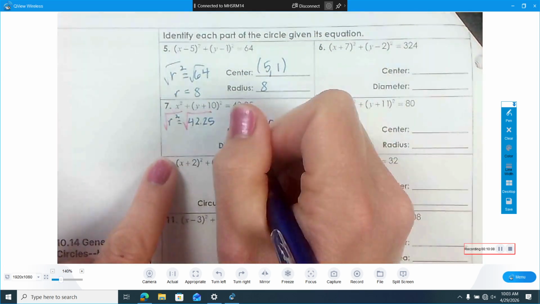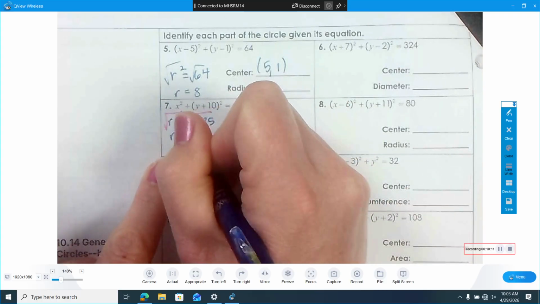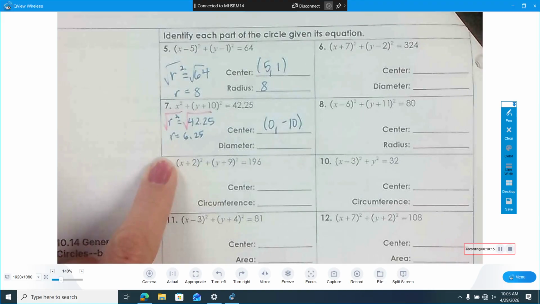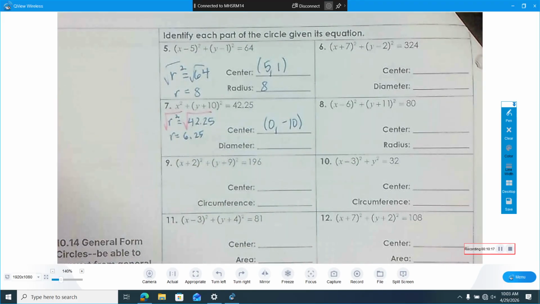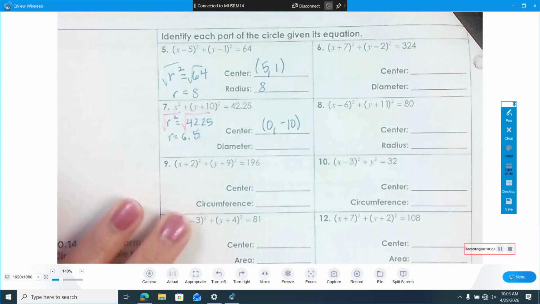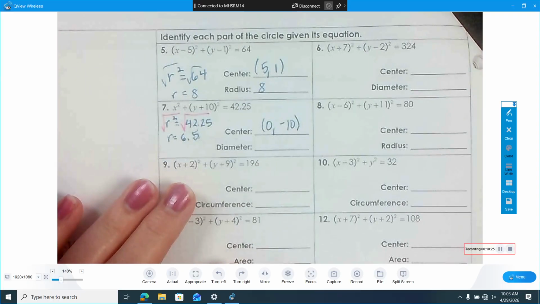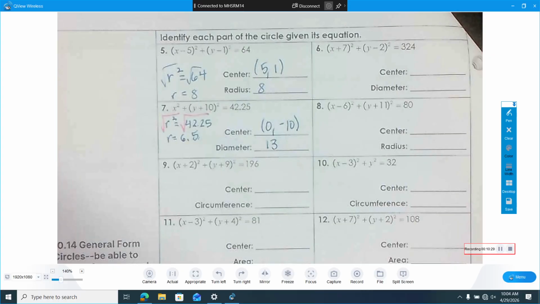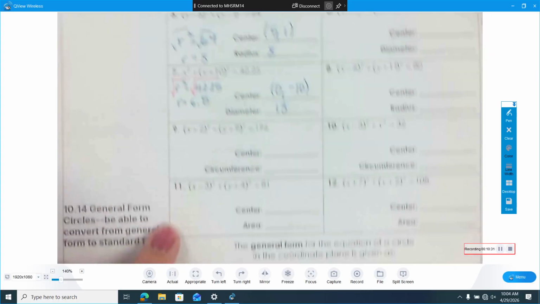All right, you took the square root of 42.25, so we get, you said 6.25? All right, and then what's the diameter then? 6.5, sorry, thanks. I didn't have it in front of me. 6.5. So what's the diameter? 13. How'd you get the diameter of 13? Times by 2. Good.